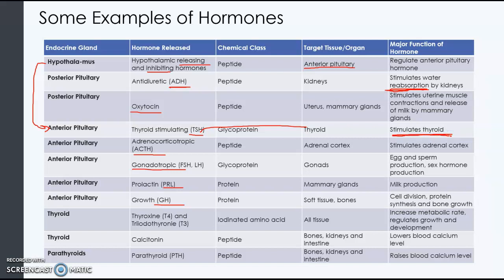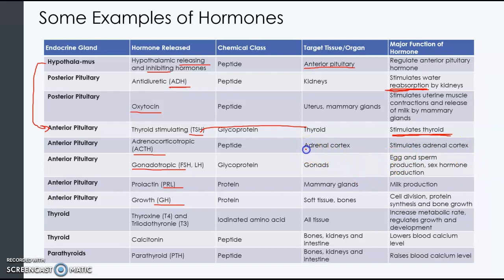So this is a pathway that includes the hypothalamus, the pituitary gland, and the thyroid gland. And that's how it works. The hypothalamus works together with the anterior pituitary to control the release of hormones from certain target organs.